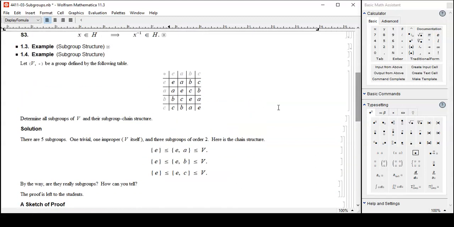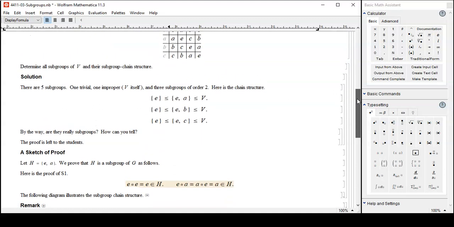Yes, let's go back to this. Symmetric with respect to the principal diagonal. So we have the commutativity. So this is an abelian group. So e times a and a times e are the same. Oh, by the way, we don't need abelian kind of thing. e times something, this is identity. Never mind about that.